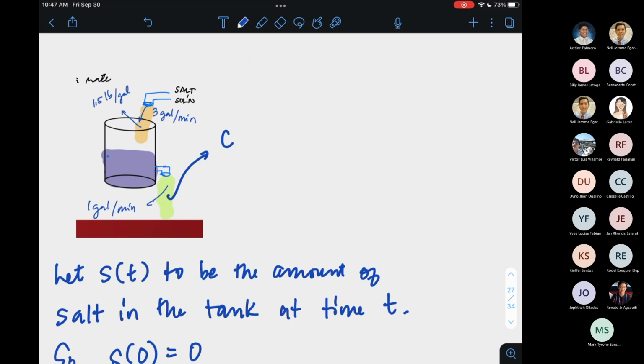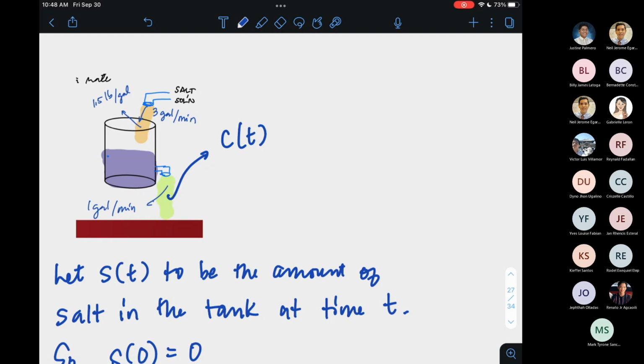So kailangan ko yung concentration niya at a particular time, t. We will see that this will vary in time. Bakit siya mag-vary in time? Kasi nga, nagpa-pump tayo ng solution at a constant concentration of 1.5 pound per gallon. Pero itong water na to ay nagbabago per unit time. Kasi merong nababawas, may nadadagdag. So ibig sabihin yung concentration ng salt ay nagbabago rin with respect to time.